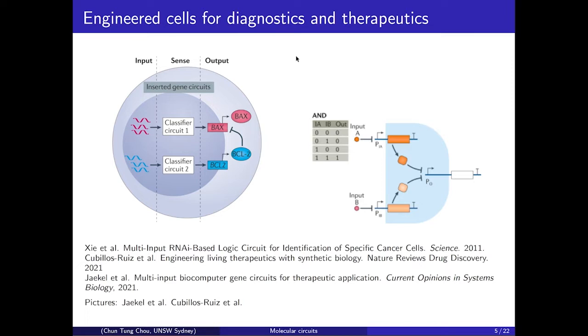In that case, you will need to compute a logical AND to say both biomarkers are present, and so there is a problem with the cell. And again, to carry out this logic computation, you will need a sequence of chemical reactions to do that.